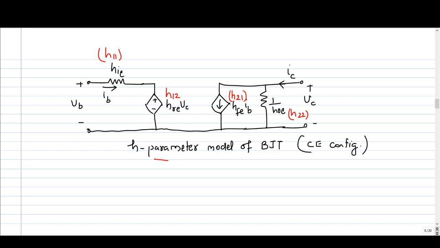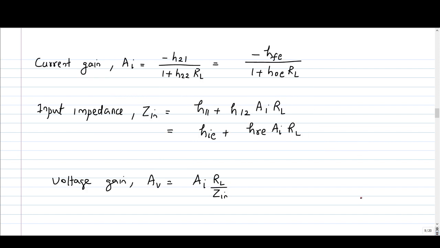So by using this H parameter model, you can complete the small signal AC analysis of the BJT. We are interested in 4 quantities that we also derived in the previous class. Current gain is minus H21 by 1 plus H22 into RL. Just substitute H21 by HFE of the transistor and replace H22 by HOE of the transistor.